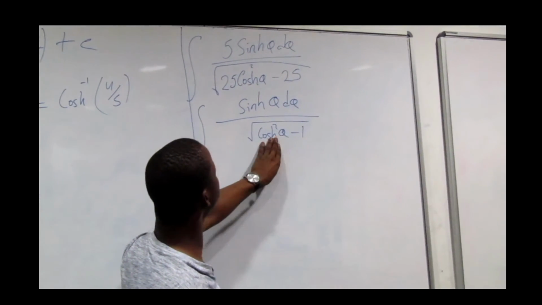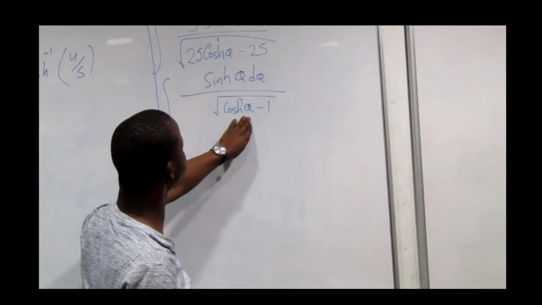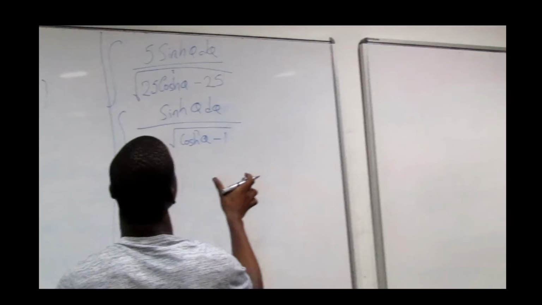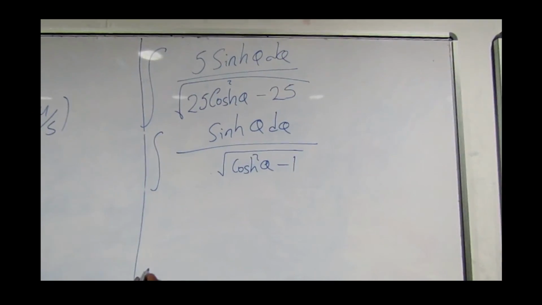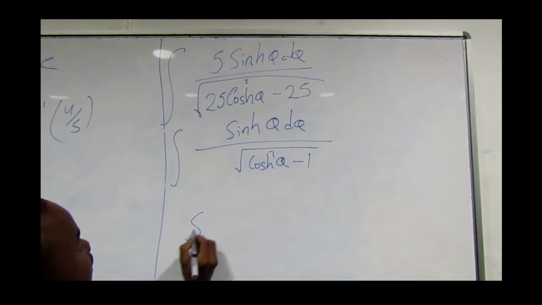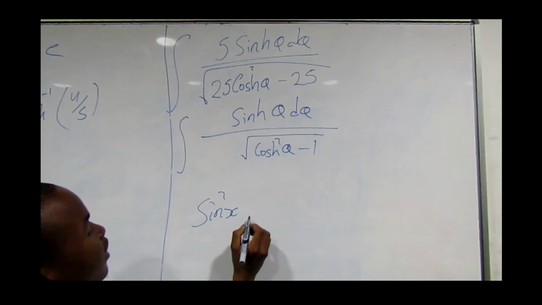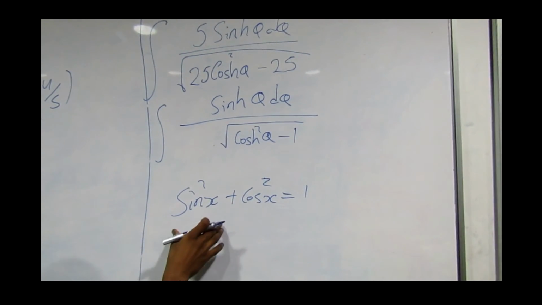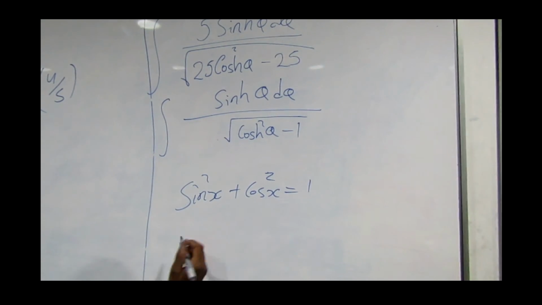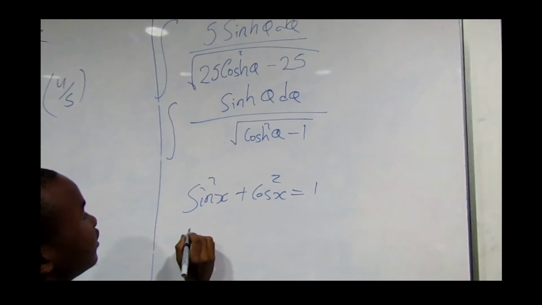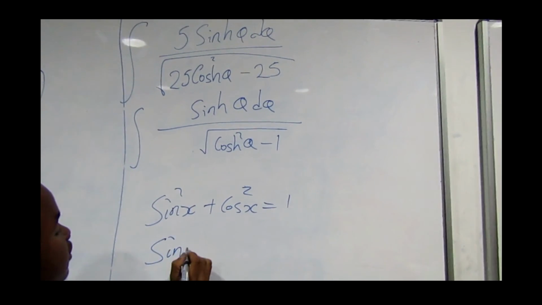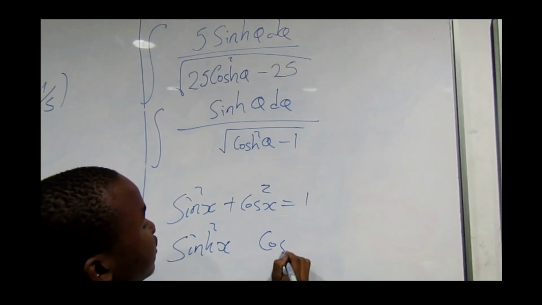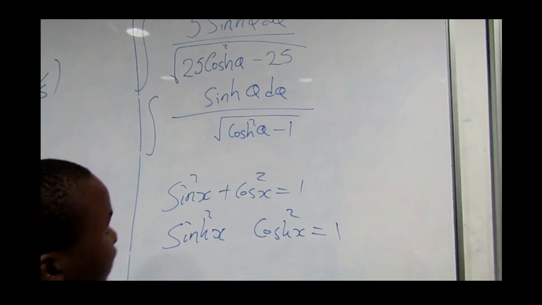Then from here, we come and say the derivative of these is these. Remember, guys, when we arrive here, there is the identity that says sinh square plus cos square is equal to 1, but we want the reciprocal of these, using sinh and cos, sinh square x and cos square x equals 1.